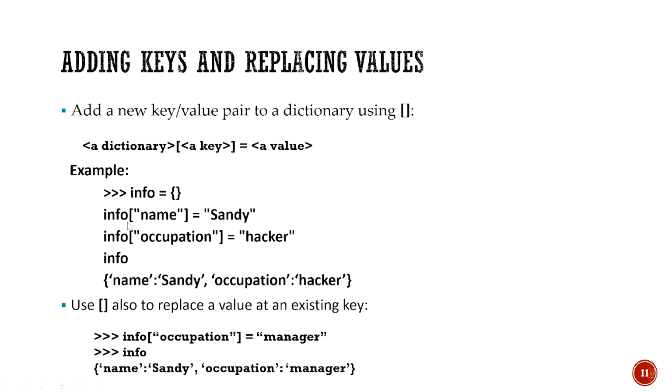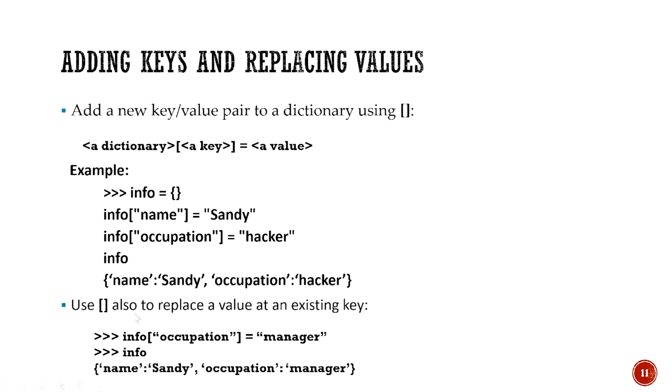So I call the variable info, then a square bracket, and then I have the key name equal to Sandy. Then Sandy is the value for that key. If we want to add another key, let's say occupation, I use a square bracket, equal hacker. Now hacker is the value for occupation. And if we print it, you will see this dictionary.